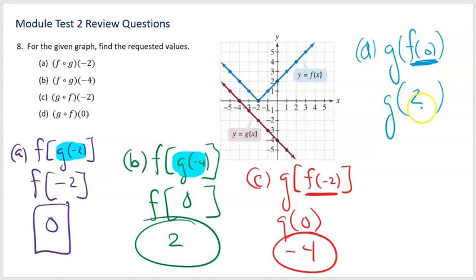Now that turns into my brand new x value for my g function. So I go over here to x equals 2, it's right there. But this time, because I'm looking at my g function, I go to the red graph. Well, there's where the arrow is, but that's where it crosses right there, and that y value is negative 6. So g composite f of 0 is negative 6.